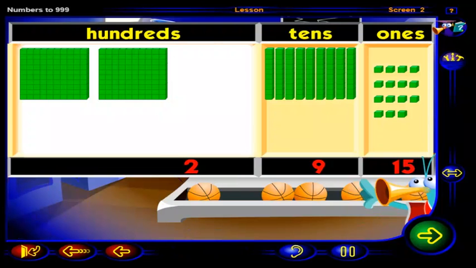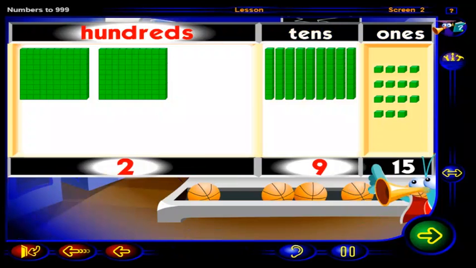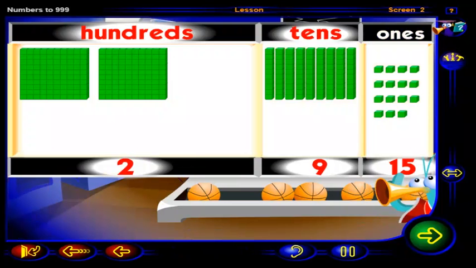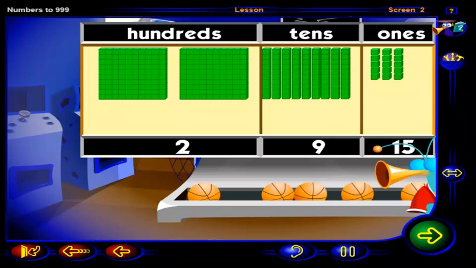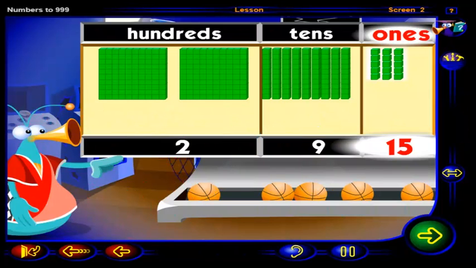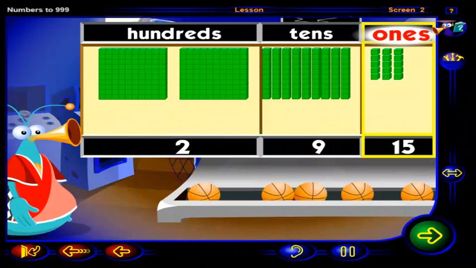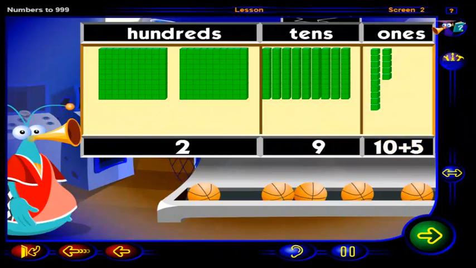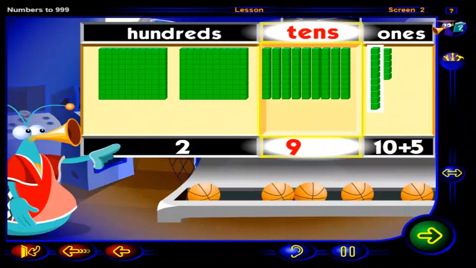These blocks show 2 hundreds, 9 tens, and 15 ones. There are more than 10 ones in the ones place. So we can group these 15 ones into 1 10 and 5 ones. Drag this group of 10 ones into the tens place.